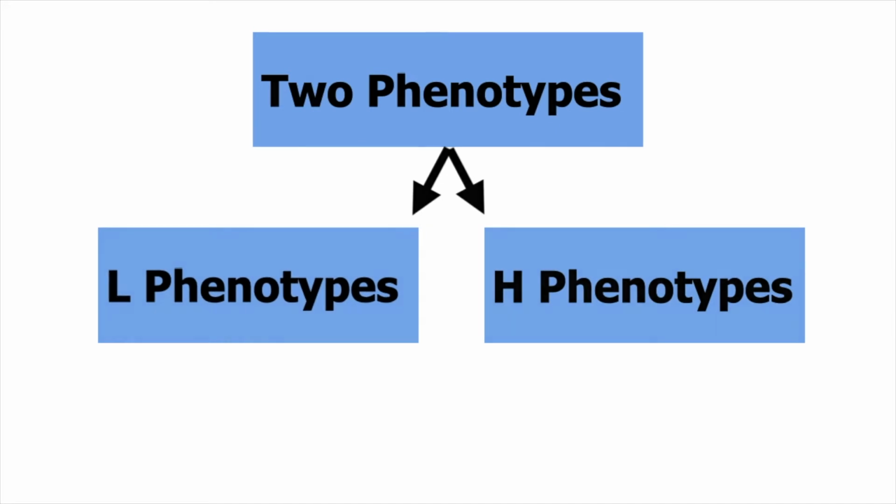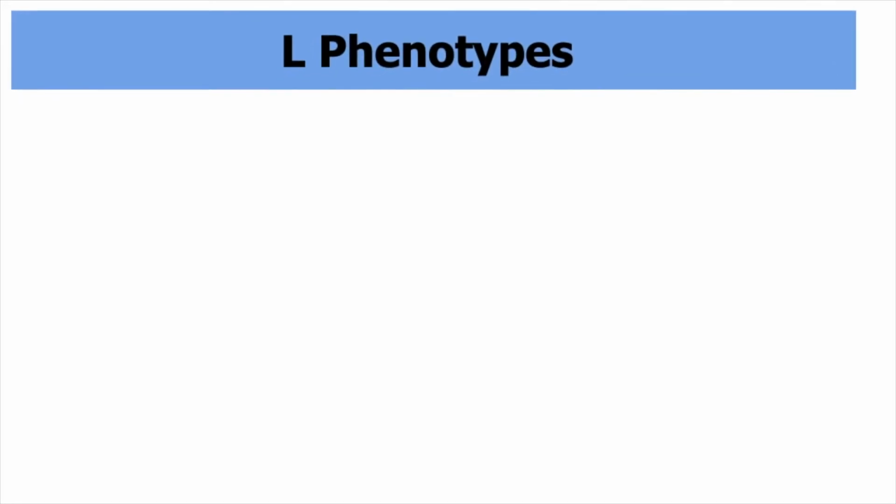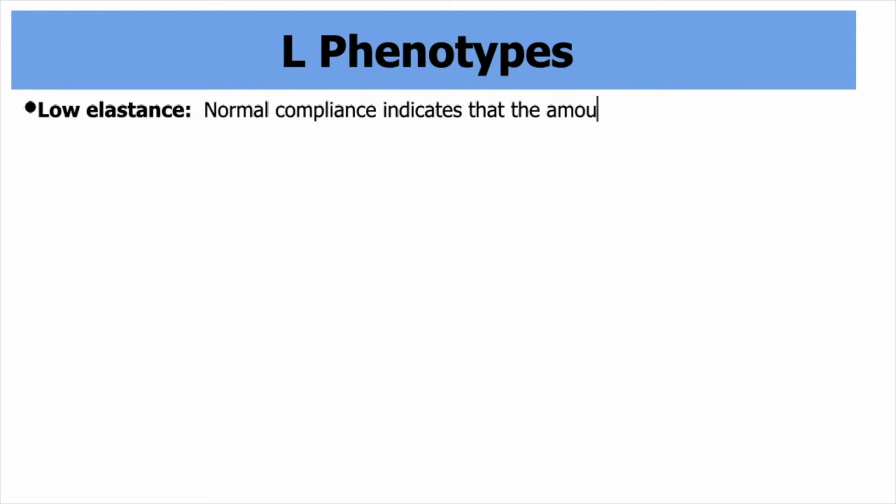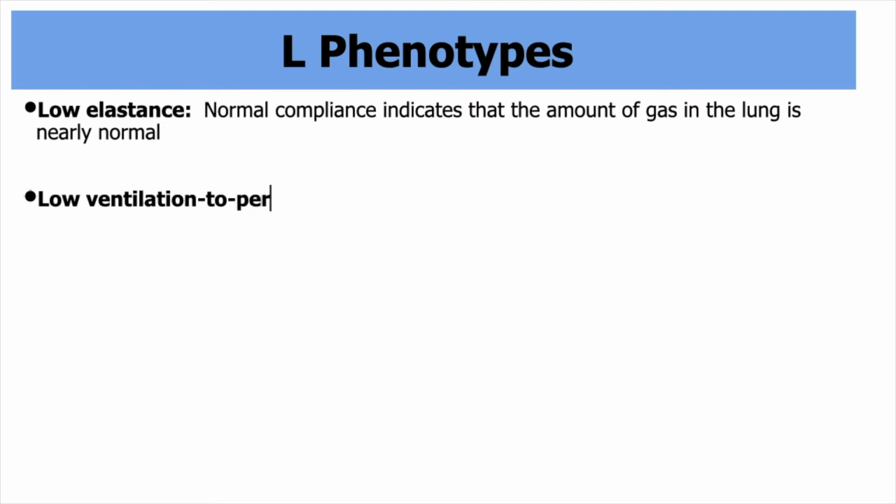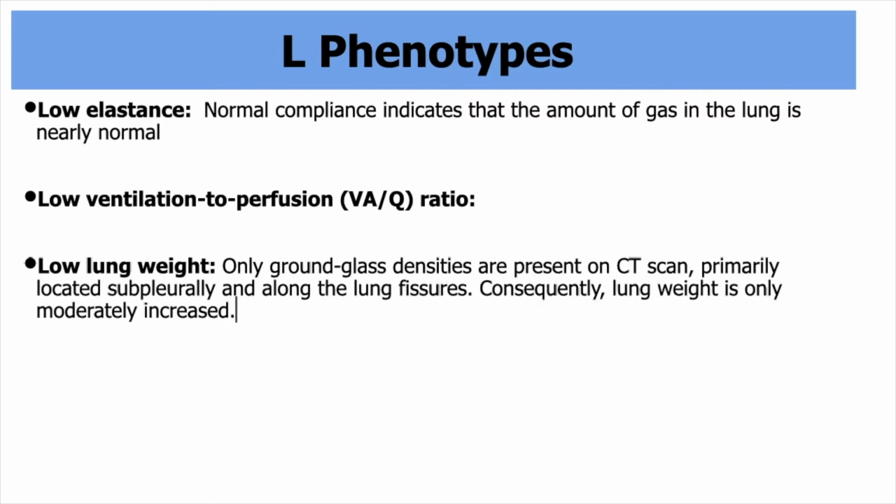So let's see what is the L type. It is a disease which is characterized by low elastance in the lung. So the lung here has a normal compliance indicating that the amount of gas in the lung is nearly normal. Apart from that, they have low ventilation to perfusion ratio, low lung weight.